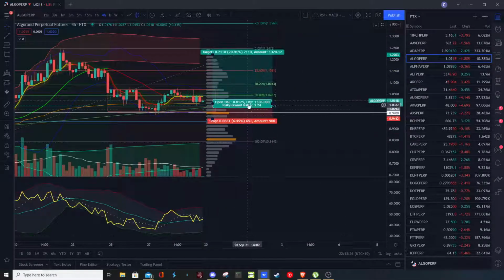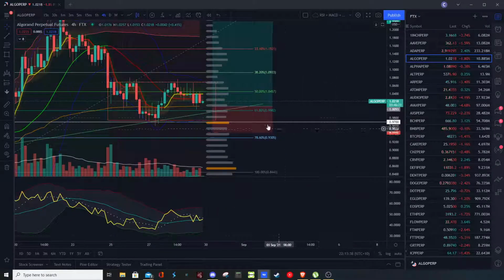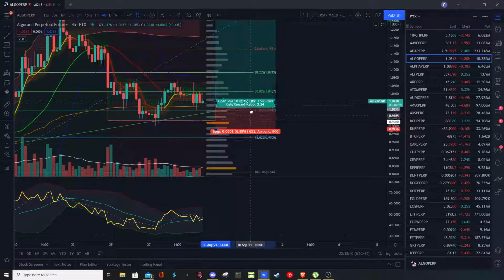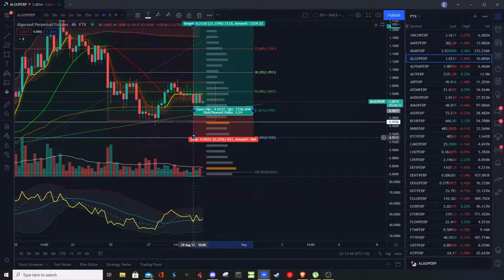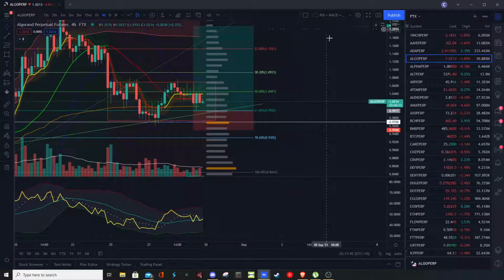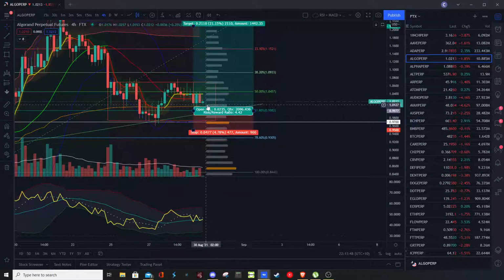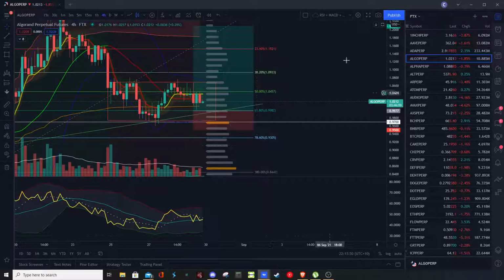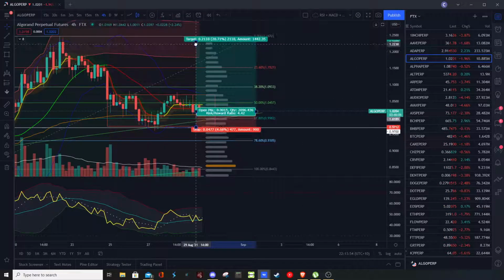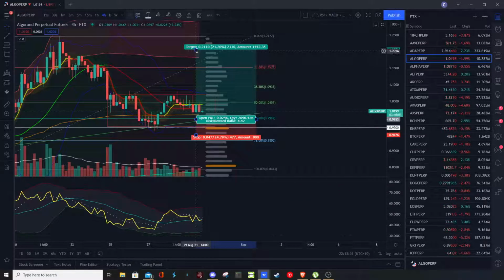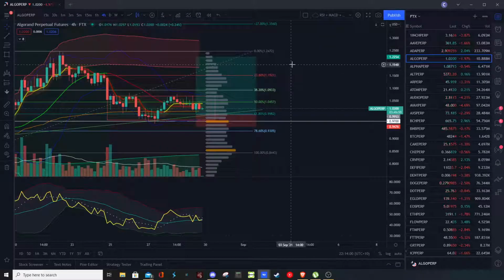So there you go, you got potentially that 618 or anywhere here. The 618 would be alright, get a better entry. But that means it does dip below VWAP. And targeting just about there, so you get about 23%.